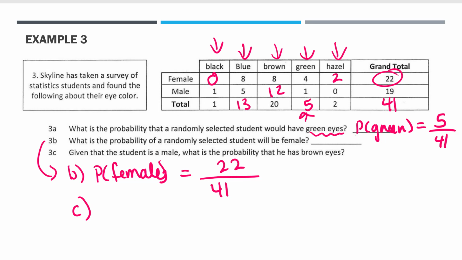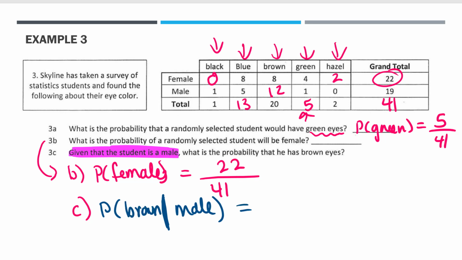For C, given the student is a male, what is the probability that he has brown eyes? So the given statement is here, so that's going to change our denominator. So the probability, now what we know goes after our given line, and we know that the person is male, and then brown eyes.